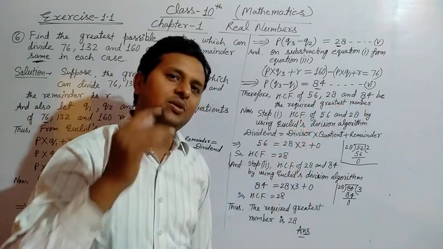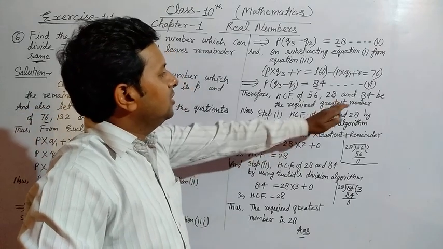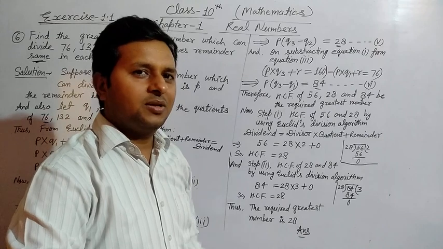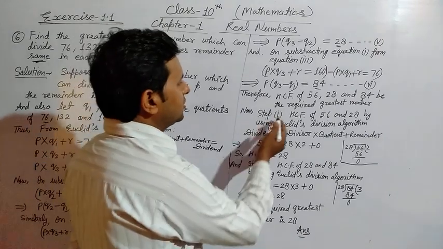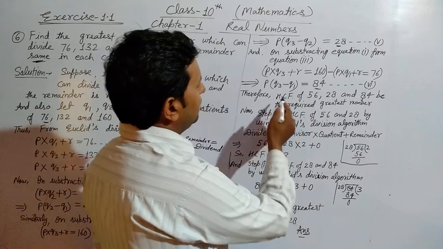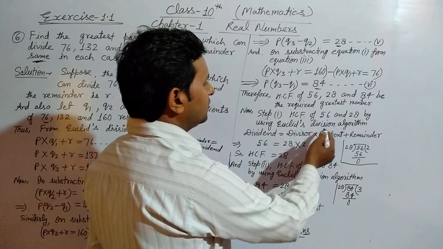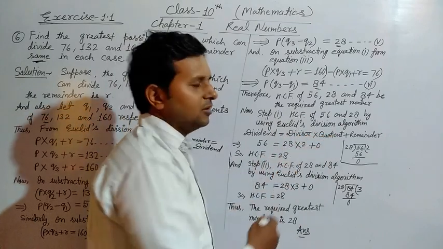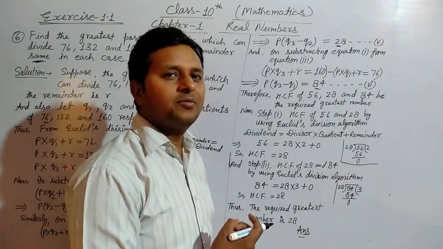As in the previous video, when we have three numbers for HCF, we solve it in steps. First we take the first two numbers, 56 and 28, and by Euclid's division algorithm we get the highest common factor.